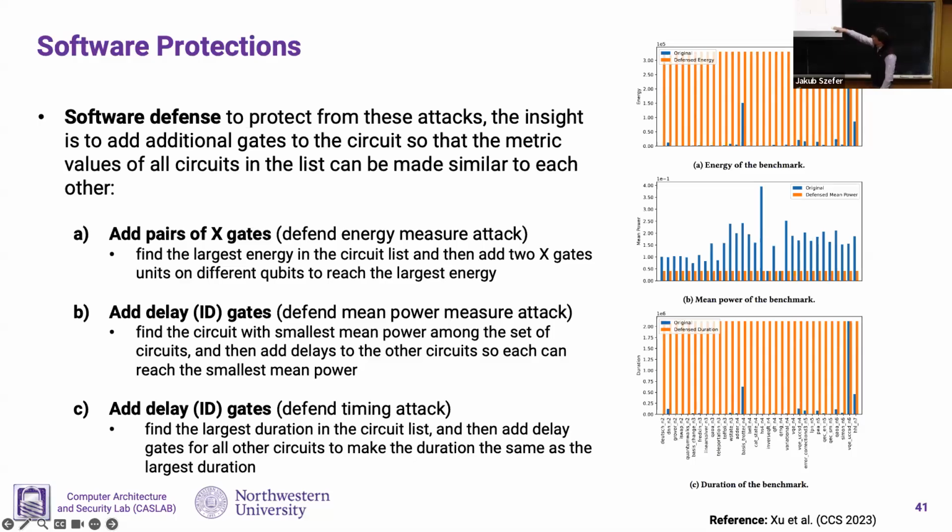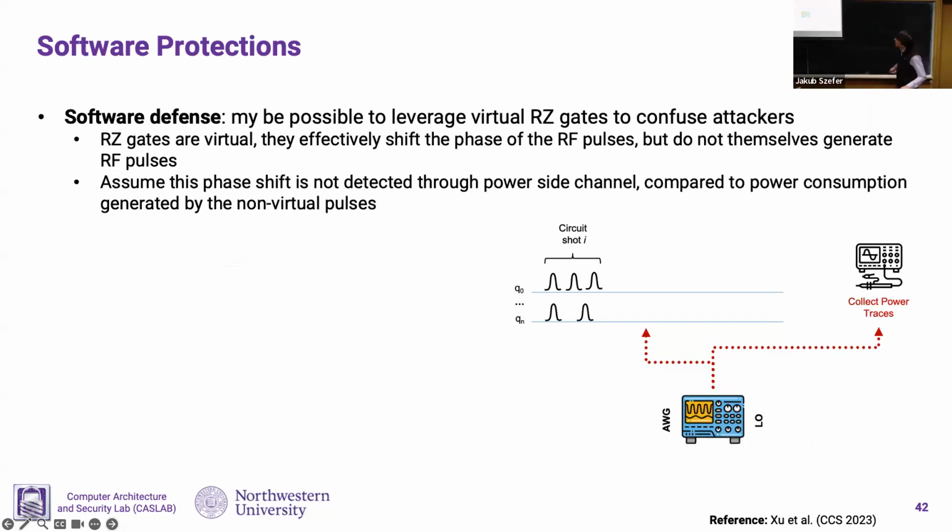So there are different ways you can try to modify the circuits to hide the properties, basically obfuscate the circuit. Although probably the ultimate solution would be some sort of quantum equivalent of fully homomorphic encryption.